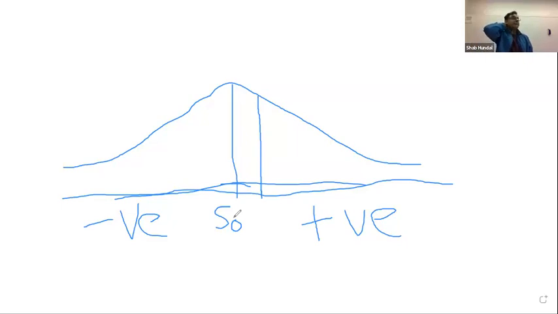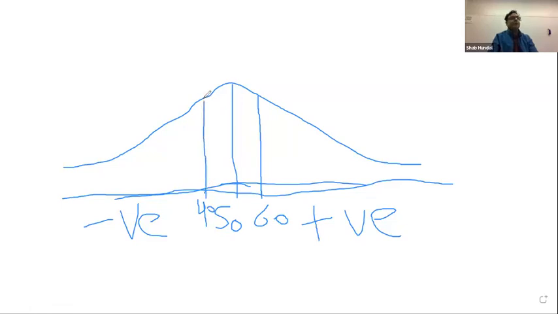If you want to check 10 more, make it 60, and at the same time check 10 less than the average, which means 40.